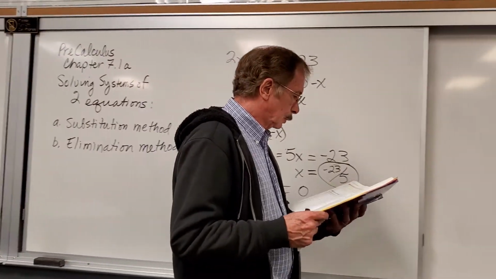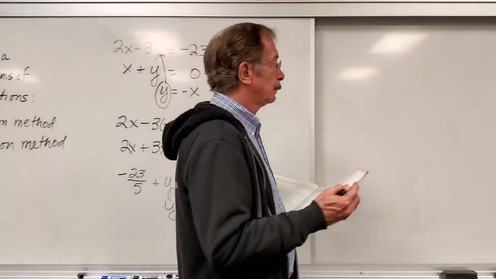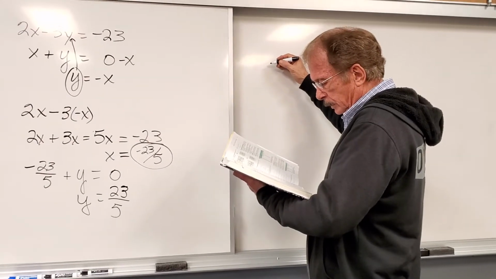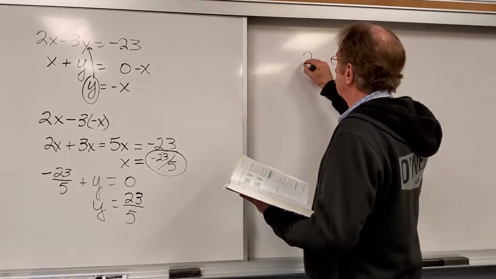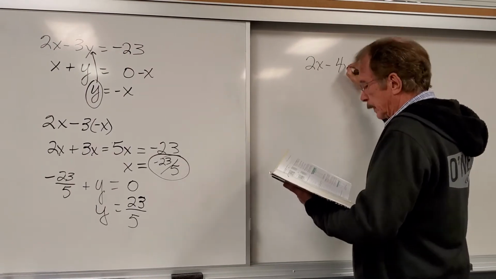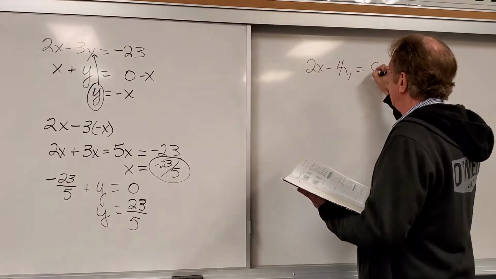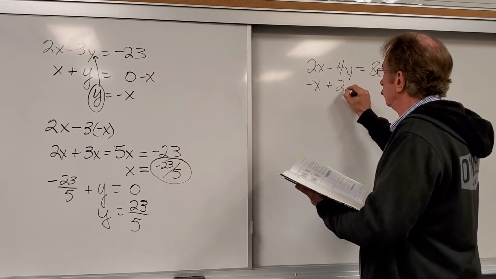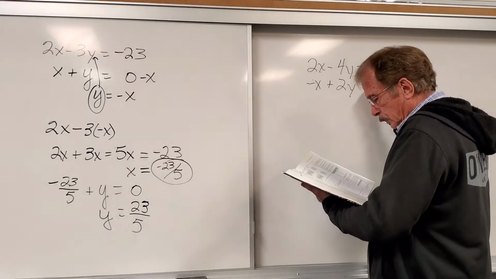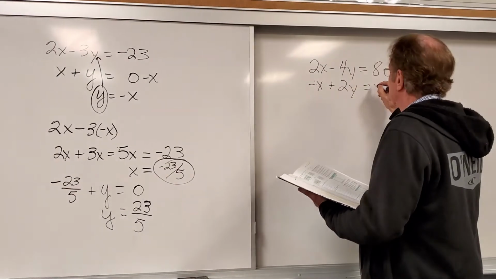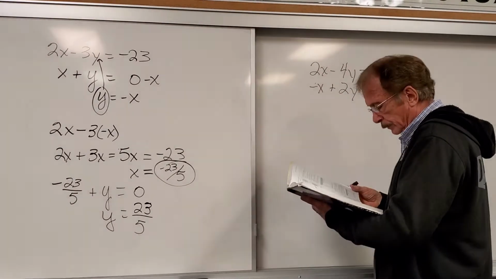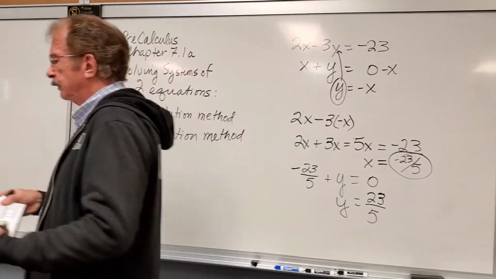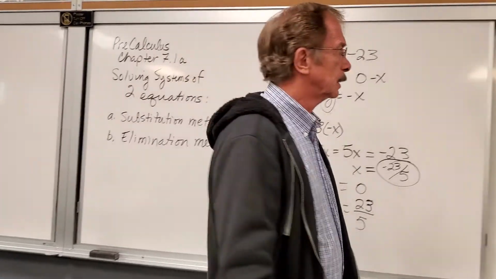Now I'd like to do an example of an elimination question. And let's see here. This one will work. 2x minus 4y equals 8, and minus x plus 2y is going to equal minus 4, they say. Okay, so you may already have a suspicion about this.